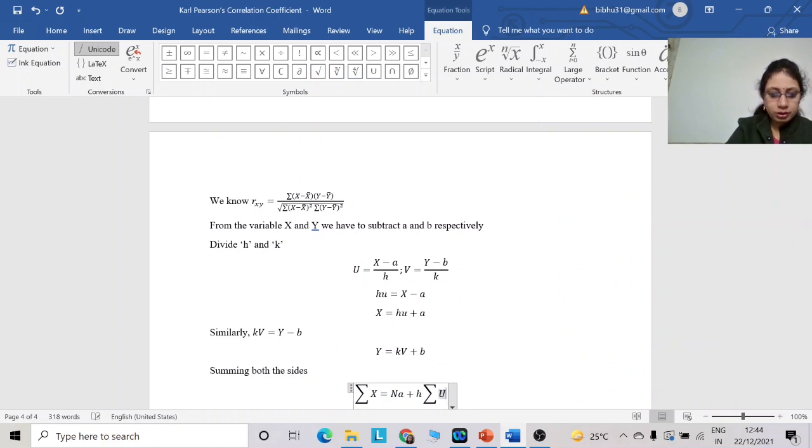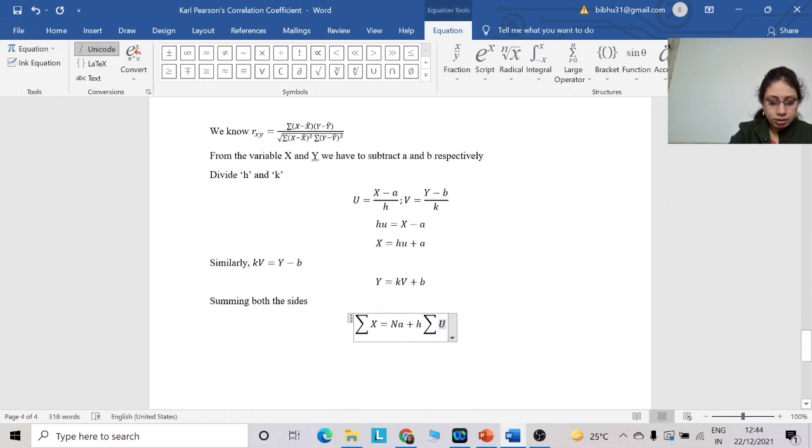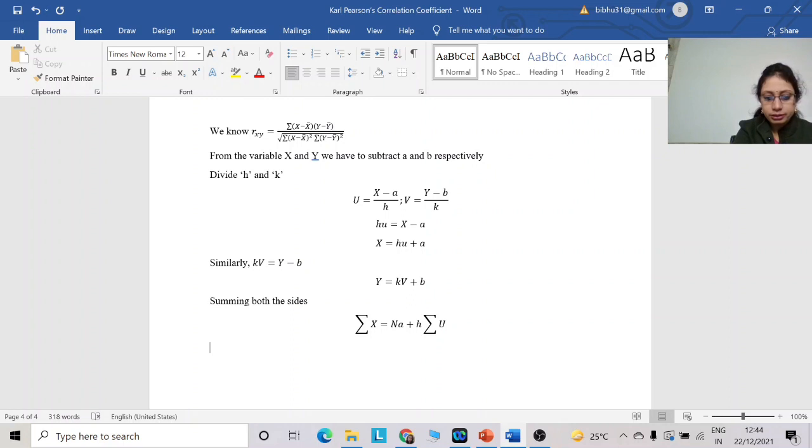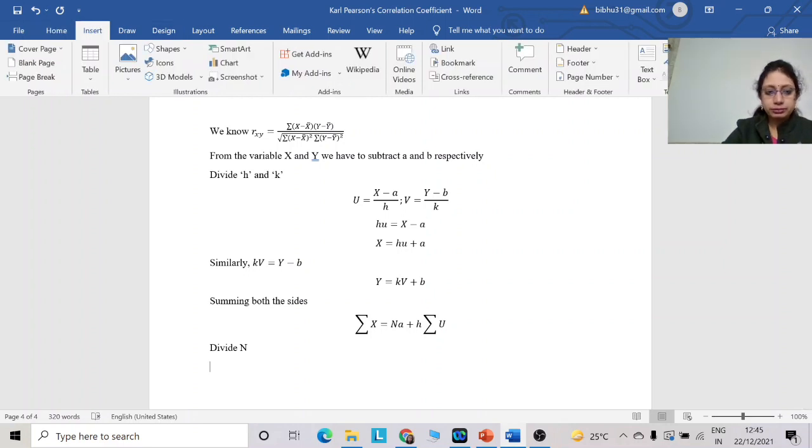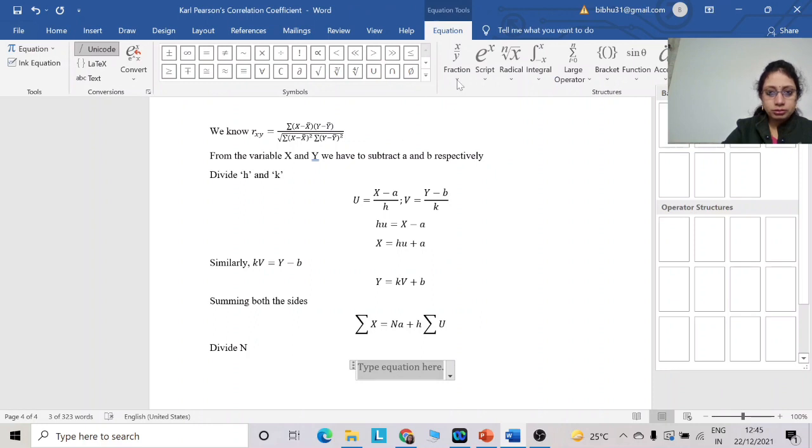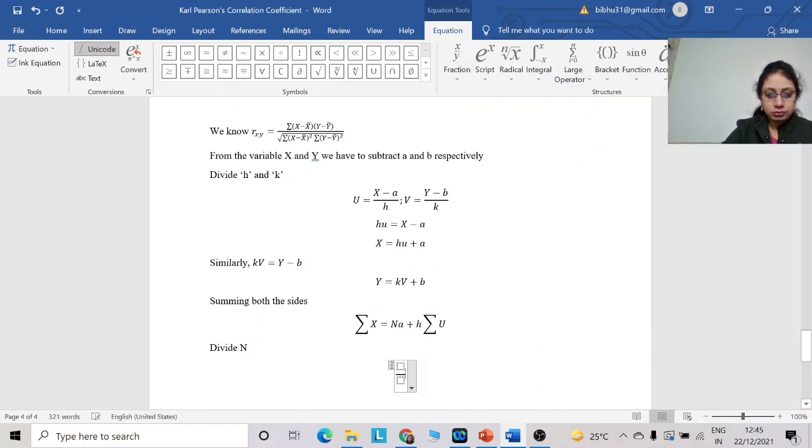Okay, so divide by n now on both the sides. Summation x by n is equal to, so let me first write, then we'll put all the figures here.